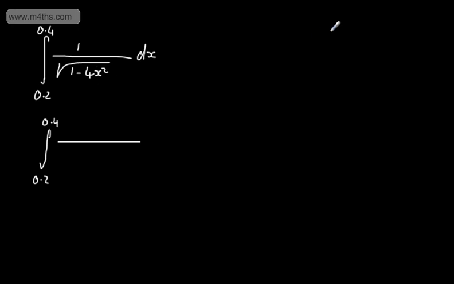Now, if we had, for example, 1 minus the 9x squared square rooted, we could take out now the 9. This would give us 3, then we'd have 1 over 9 minus x squared. So what I've done here is taken out the 9, but as we've got the square root of 9 is 3.